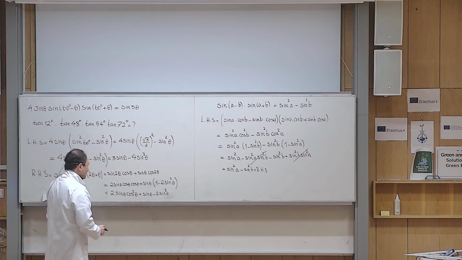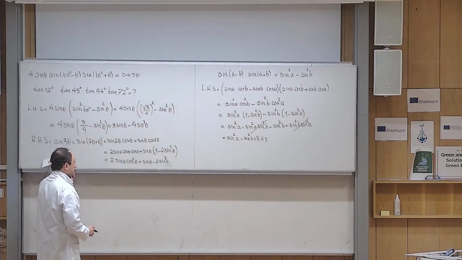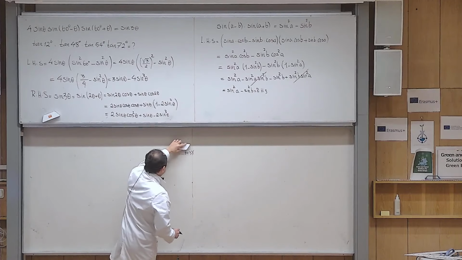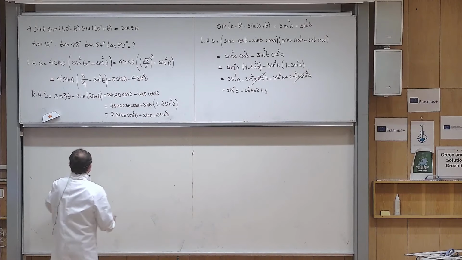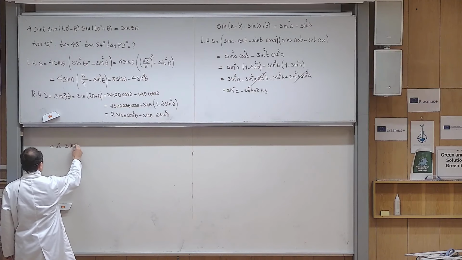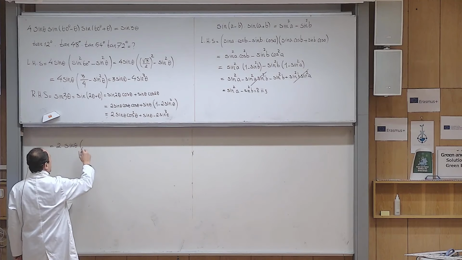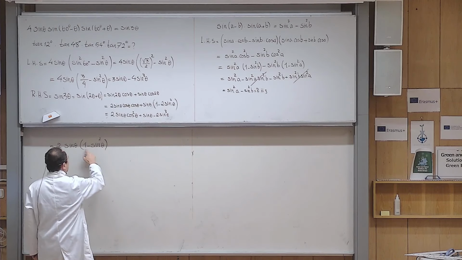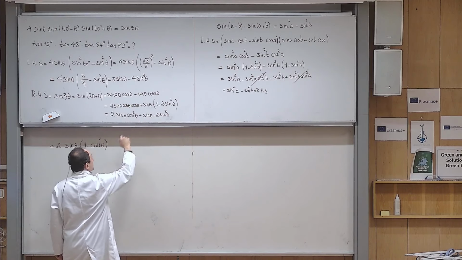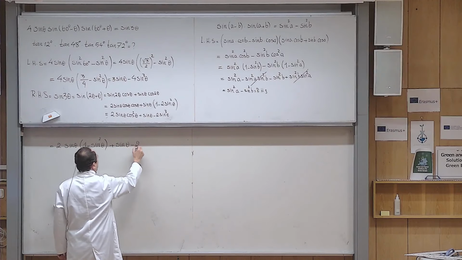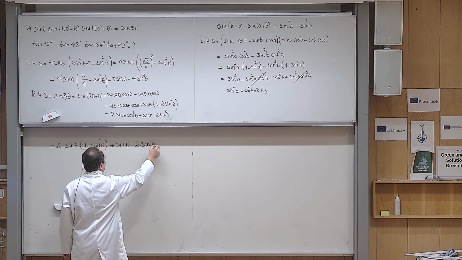I use the famous formula, so let me continue here. So this becomes 2 sine theta, and then instead of that, I write 1 minus sine squared theta. This is what I wrote for this. And then I have a sine theta, and then I have minus 2 sine theta cubed.